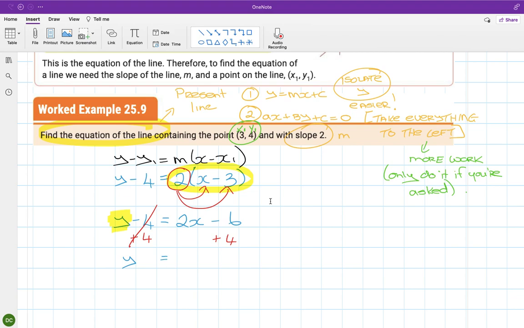On the far side we have 2x, which is not going to change because the 4 is just a number, so it's not going to combine with the x, it's going to combine with the minus 6. Minus 6 plus 4 is minus 2. And that is the equation of the line. So it's just using the formula, subbing in and simplifying. That's all you have to do.